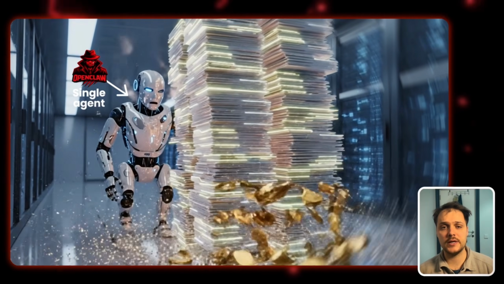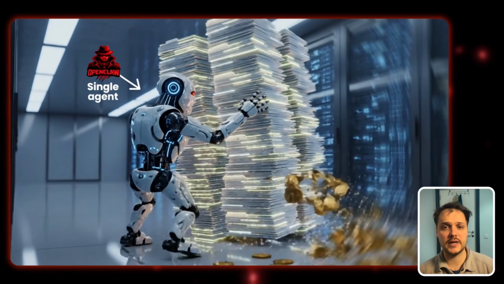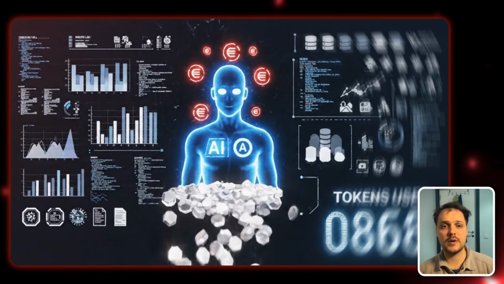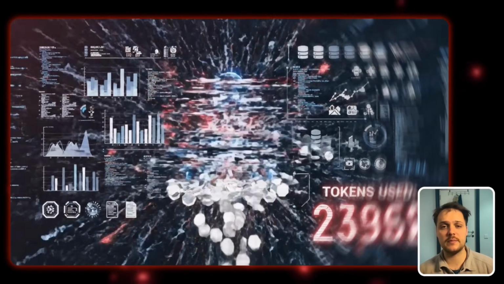So before we dive in, let's just talk about why we are doing this. Having one main agent do everything is like trying to chop down a tree and slice a tomato with a butter knife. It works, but it's not efficient. When your single agent holds all your business context and memory, it uses up a massive amount of tokens every time it thinks.